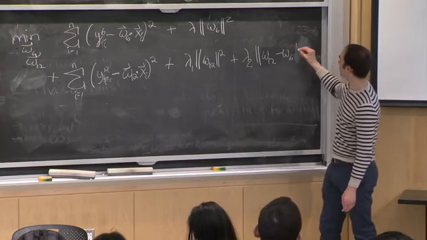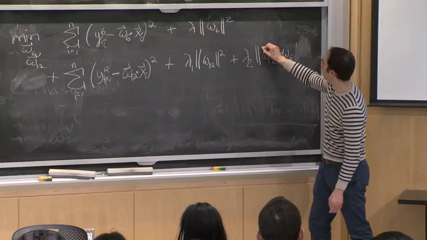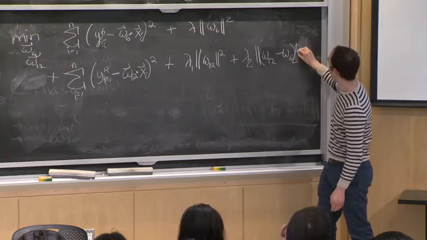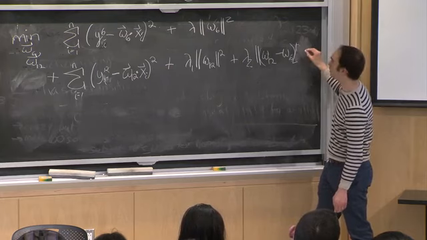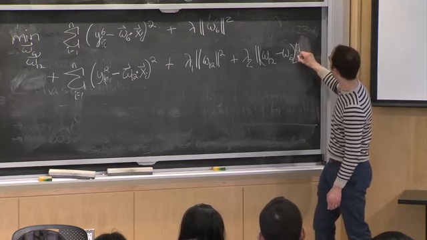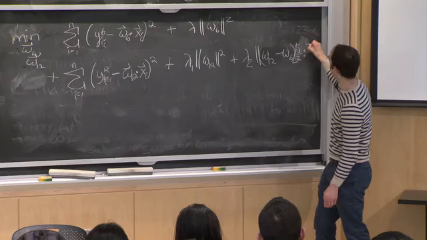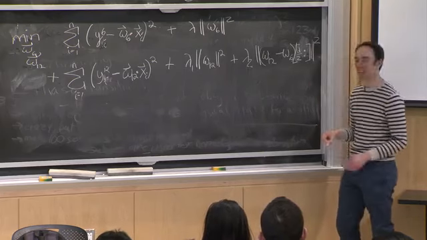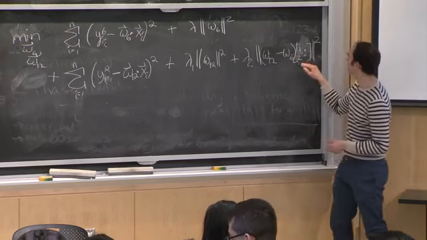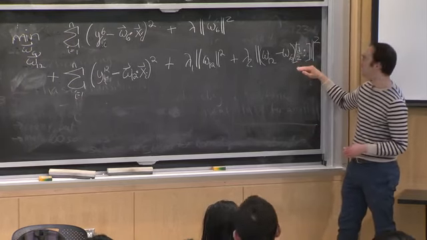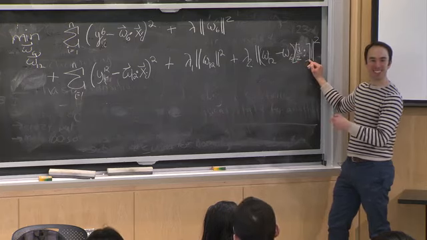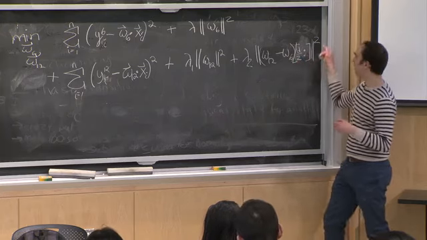Trying to think of the right notation for this. I think I'll use this notation. Let's see if you guys like this. What I'm saying is I'm going to take d is the dimension. I'm going to take the first half of the dimensions to the end. I'm going to take that vector, and I'll penalize that.